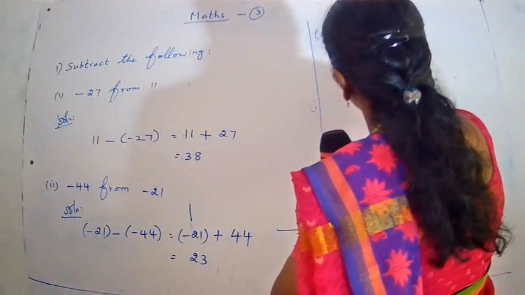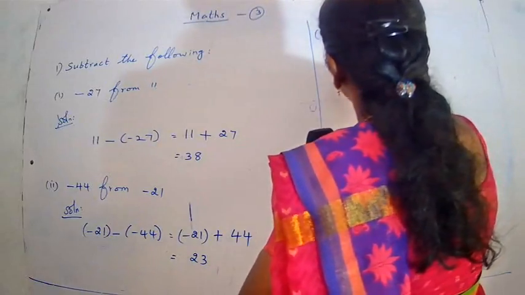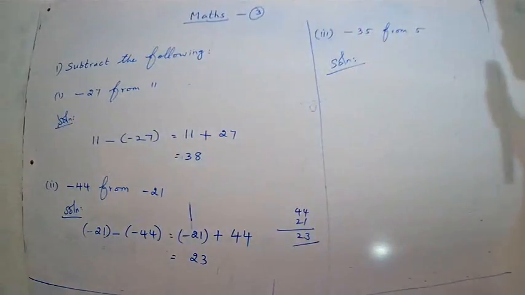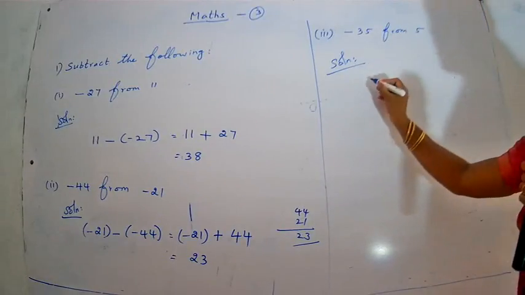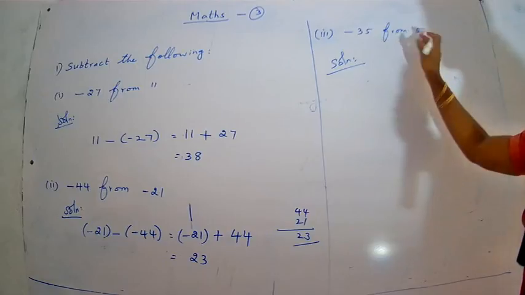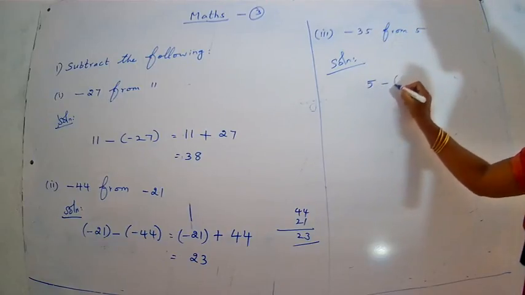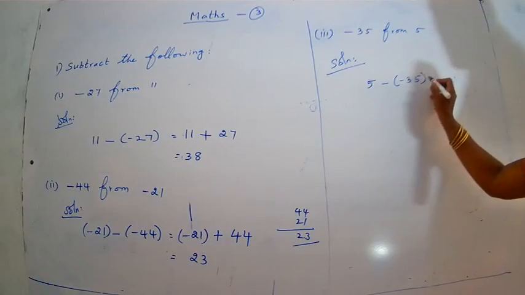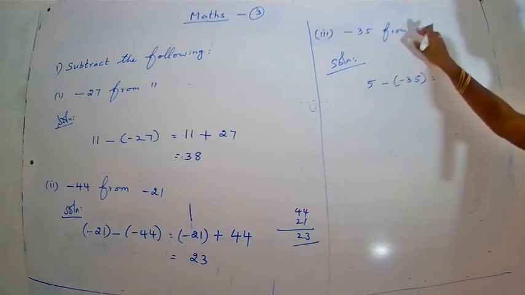Minus 35 from 5. Okay? Listen children. Third question. Minus 35 from 5. Minus 35 from 5. So, it can be written as 5 minus 35. Yes or no? Yes. Subtract minus 35 from 5.